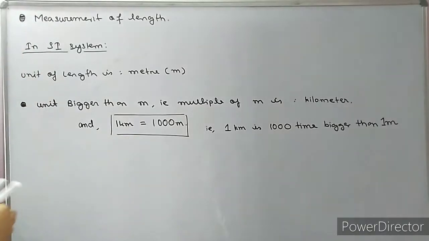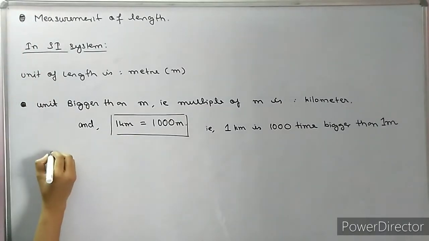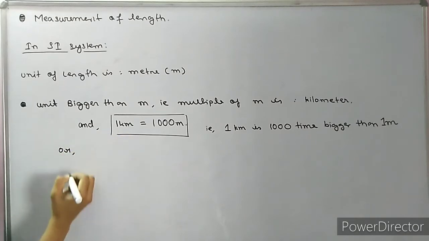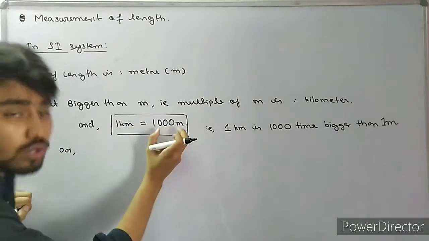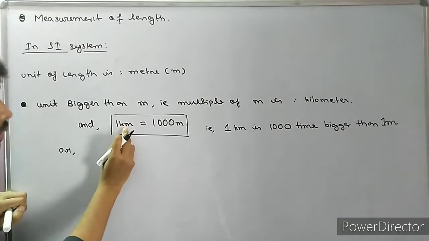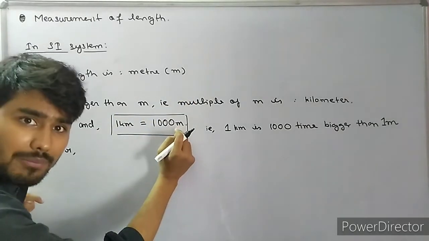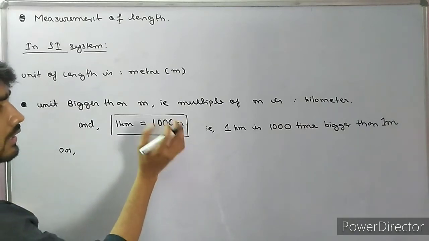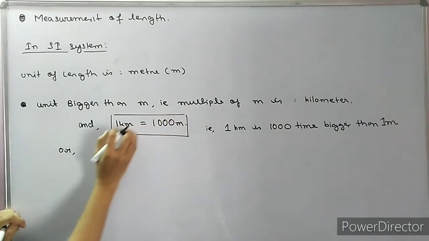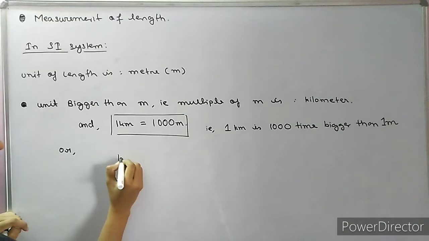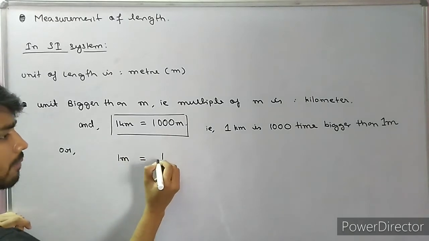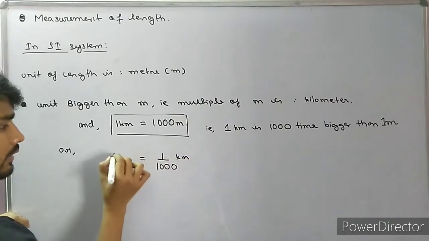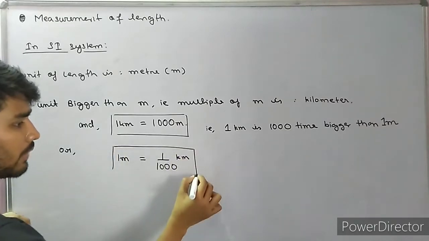Now this can also be written another way. 1 kilometer is equal to 1000 meter, meaning 1 kilometer is 1000 times bigger than meter. So the 1000 can come down and we can write 1 meter is equal to 1 by 1000 kilometer. Please try to understand.